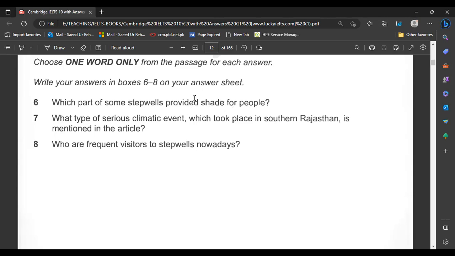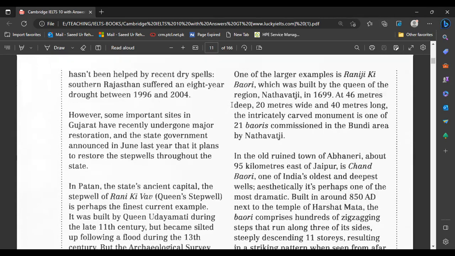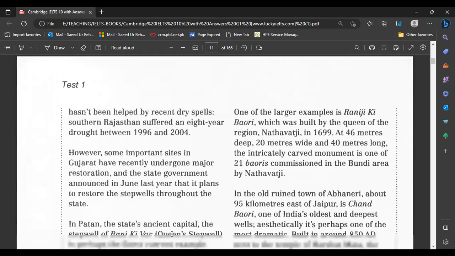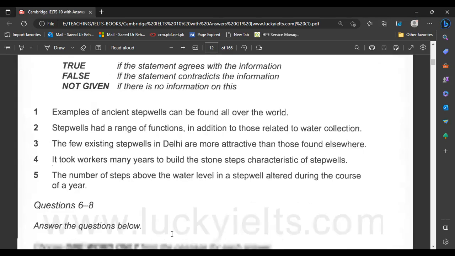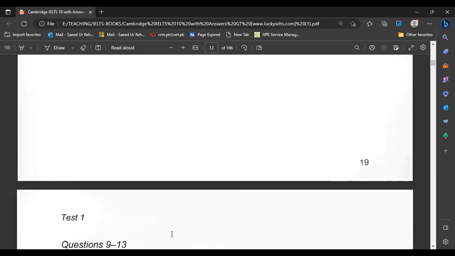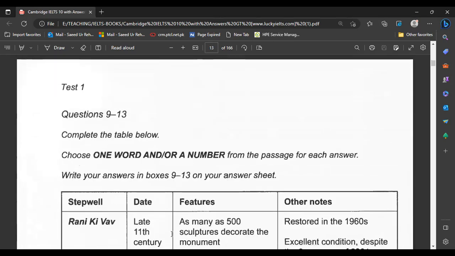You will keep these words in your mind, and then you will move towards the text. You will scan the text for the exact part where the answer is, and these skimming and scanning techniques will help you to answer the question. We are going to discuss different tips and tricks of IELTS reading after this lecture.